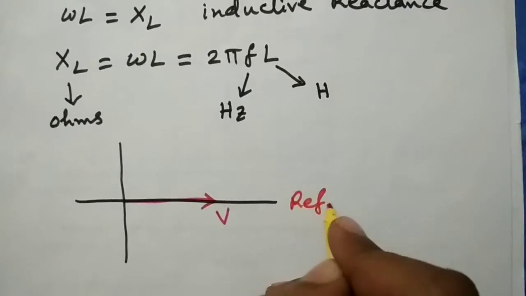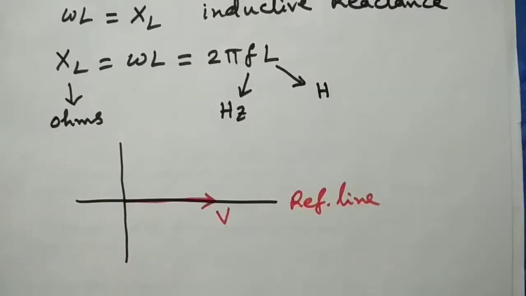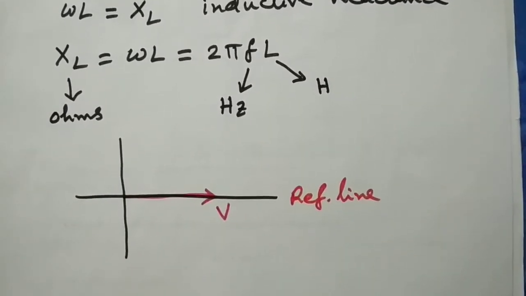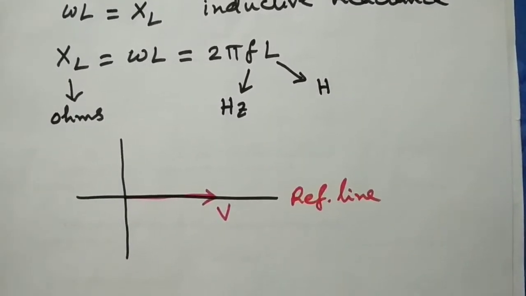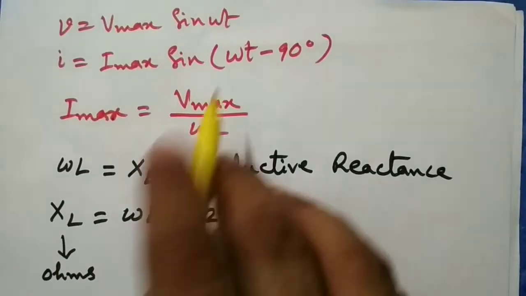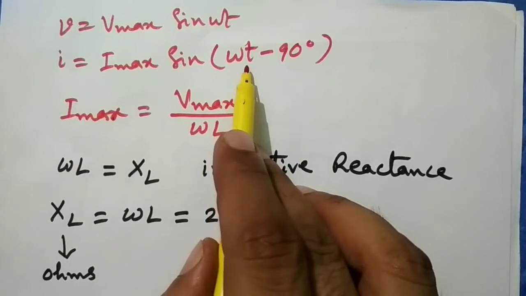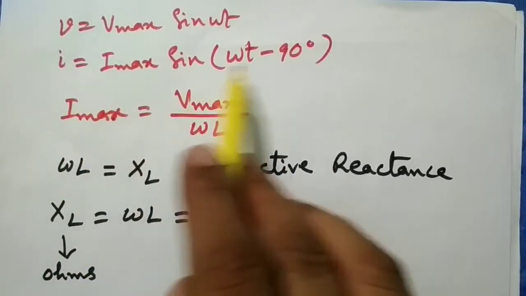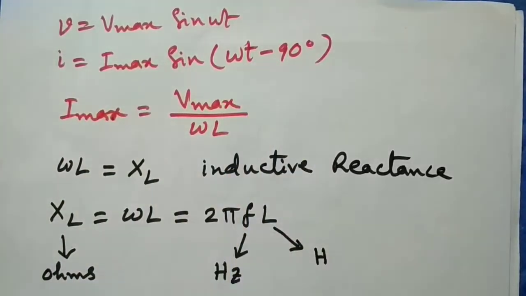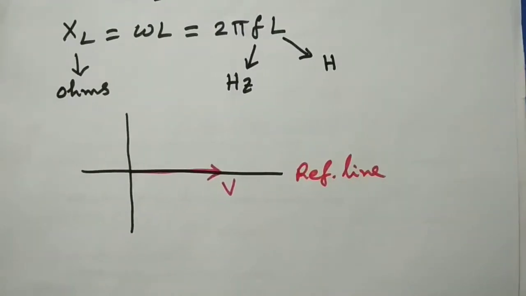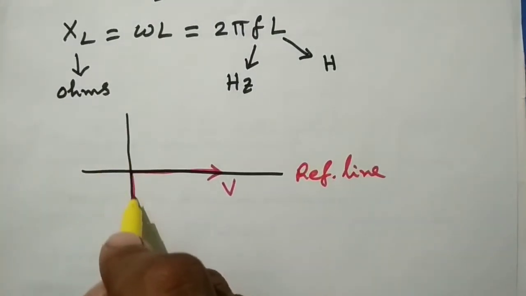So V will be along the reference line. And the current is Imax sin omega t minus 90 degree. That means at t equal to 0, the phase of the current will be minus 90 degree. Therefore, the current will be in the negative y-axis.